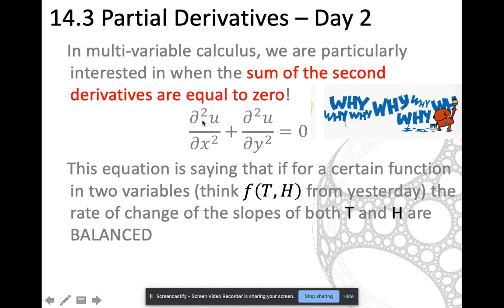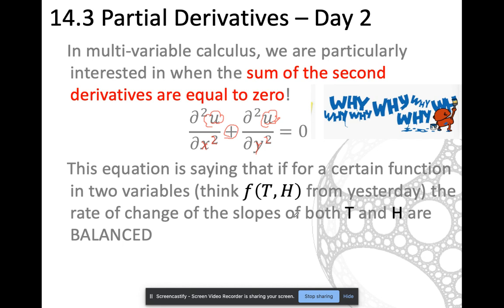So why do we care about when the second derivative of some function u with respect to x, added to the second derivative with respect to y of some function, if you add them together and equal 0, that's something we're really interested in. Think about that example I gave you with temperature and relative temperature and humidity, right?